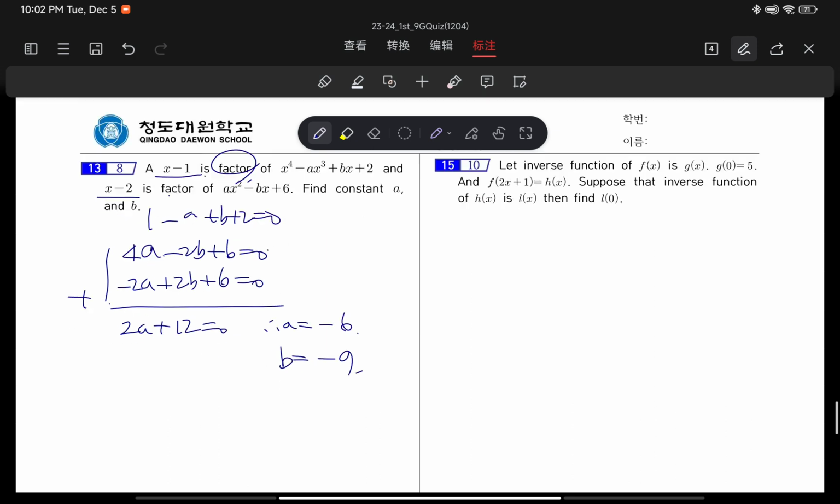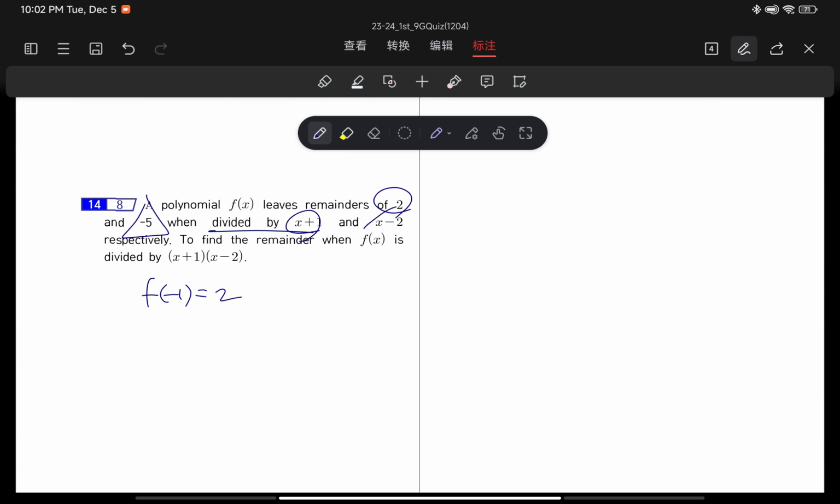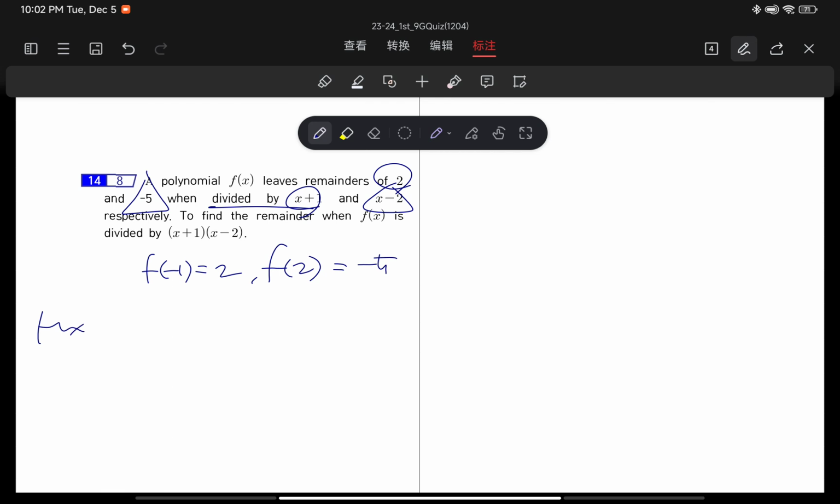Okay. 14. So that means f(minus 1) equal to 2 and f(2) equal to minus 5. Okay, so f(x) divided by x plus 1 and x minus 2, the quotient, plus some ax plus b, because we divide by the quadratic equation, so the remainder will be less than linear.